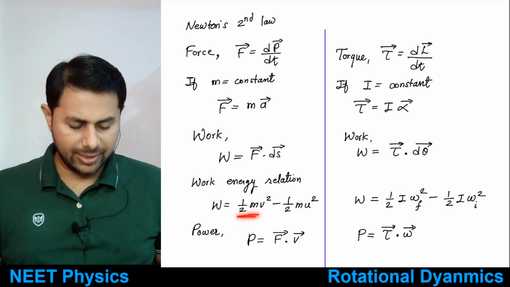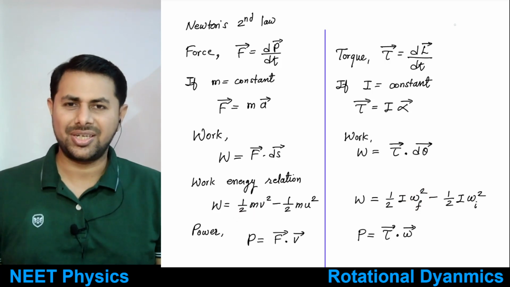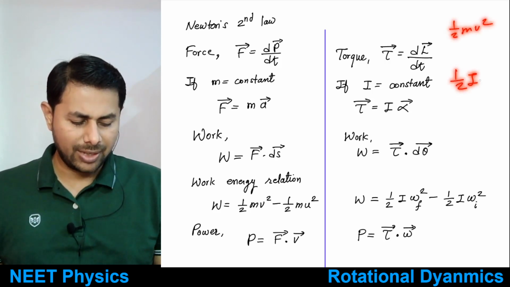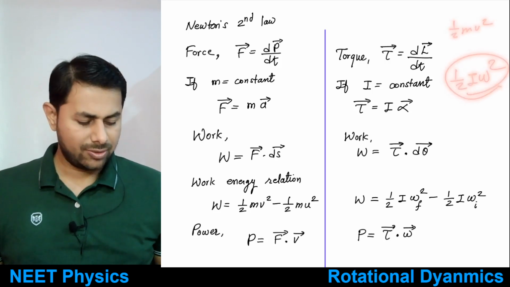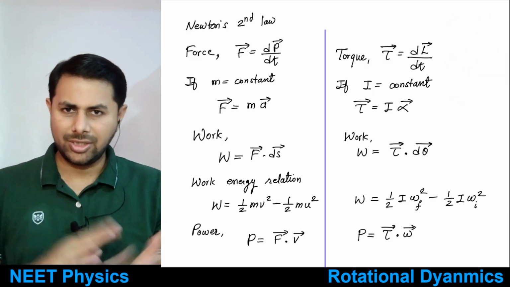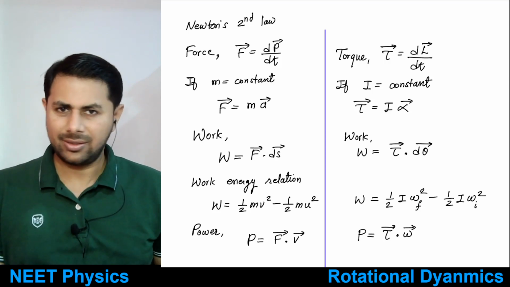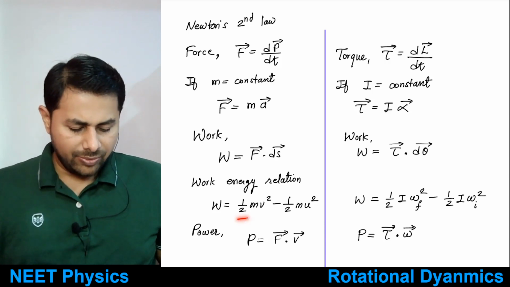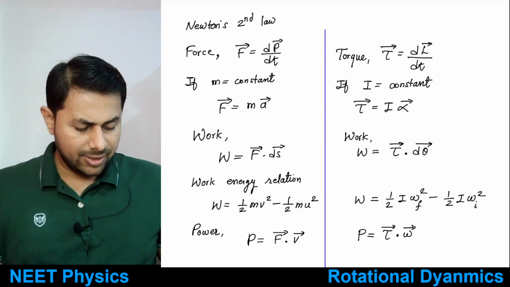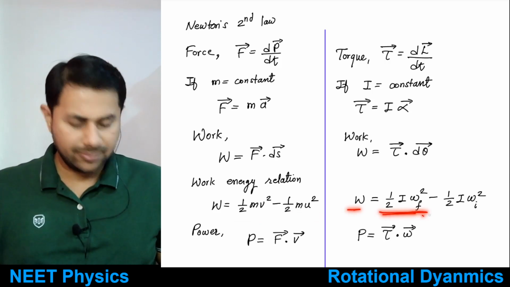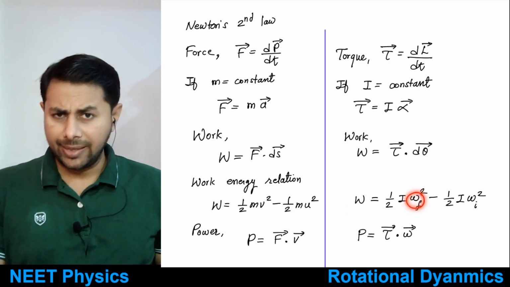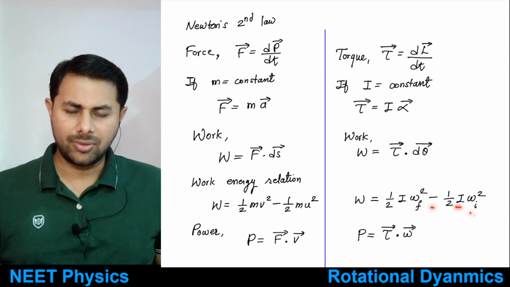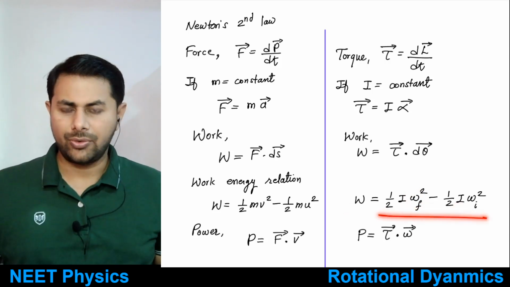So what will be kinetic energy? Just like kinetic energy in linear motion is half of mv square, here the kinetic energy would be half of I multiplied by omega square. Kinetic energy in rotational motion is half of I omega square. So work done is equal to final kinetic energy minus initial kinetic energy, which is half of I omega f square, the final angular velocity square, minus half of I into omega i square. So this is for rotational motion.